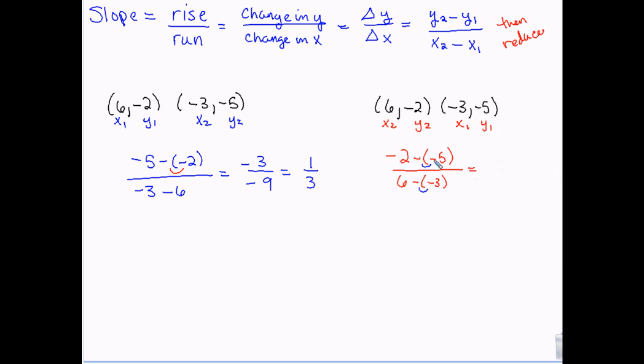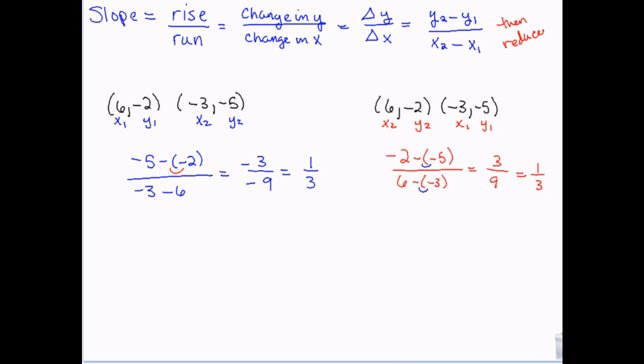I get -2 plus 5, so that's 3, and 6 plus 3 is 9, 1/3. So it doesn't matter which set is the ones and which set is the twos. The thing that will mess you up is if you call this x1, y2, and you don't go in the same order when you do your subtraction. The only thing that will mess up is your sign, but messing up the sign on the slope is a really big deal.